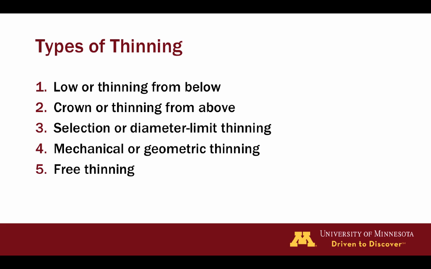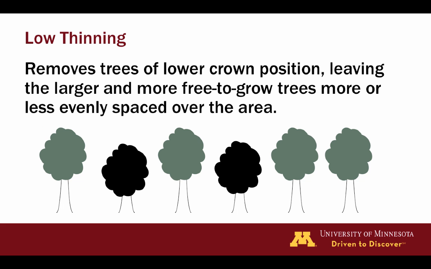As we unpause, maybe your list looks something like this, where you have low thinning or thinning from below, crown thinning or thinning from above, selection or diameter limit thinning, mechanical or geometric thinning, and then finally free thinning. So let's take a look at these different types of thinning.